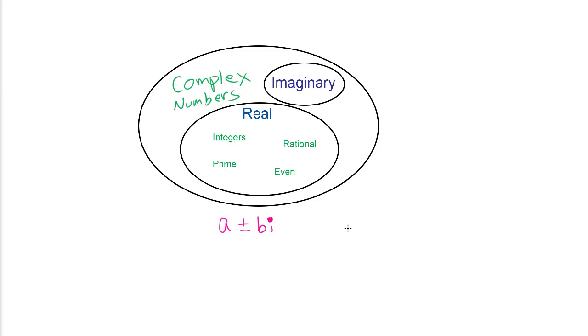For example, the number 5, you might say, well, there's no imaginary component to that. That's not a complex number. Oh, yes, it is. It's 5 plus 0i. Okay, what about 3i? Well, that's just a pure imaginary. Is it? It's 0 plus 3i. Note, I can express any real or any imaginary number as a complex number.